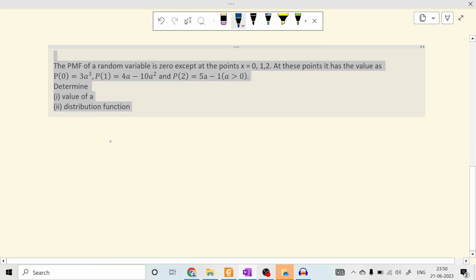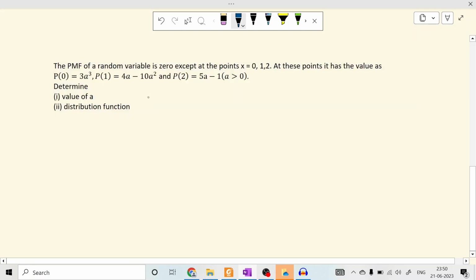Now in order to get a clear understanding of this distribution function, let us discuss this problem, which is based on a discrete random variable whose PMF is given to us. It is also given that the value of this PMF is 0 except at the points x equals 0, 1 and 2, and the non-zero values of the probability mass function at these points are also given, but they are not exactly numerical values. They involve an unknown, which is a here.